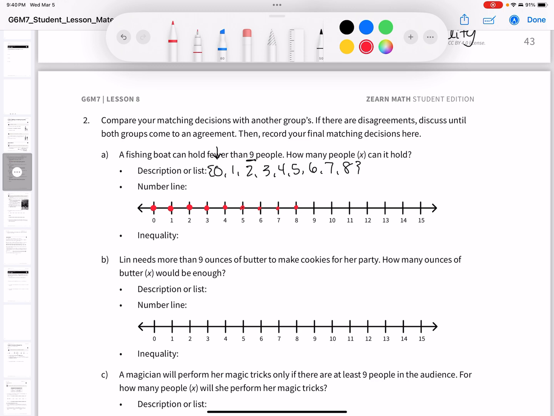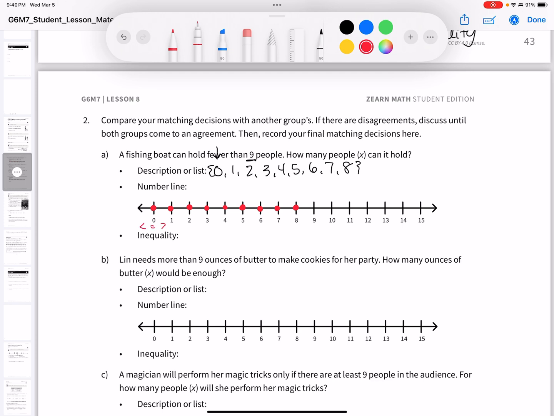Okay? You can't have more than 8 because it says fewer than 9. And you can't have less than 0 because you can only have 0 people. You can't have less than 0 people. All right? So now let's look at the inequality. The inequality here is going to be either less than, equal to, or greater than, right?